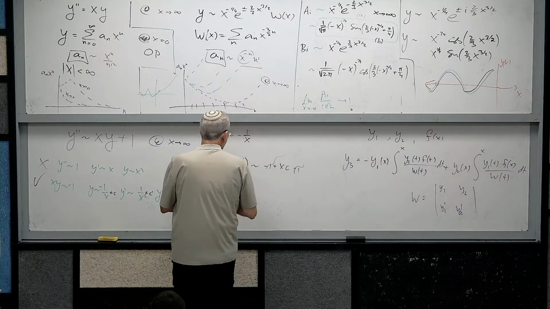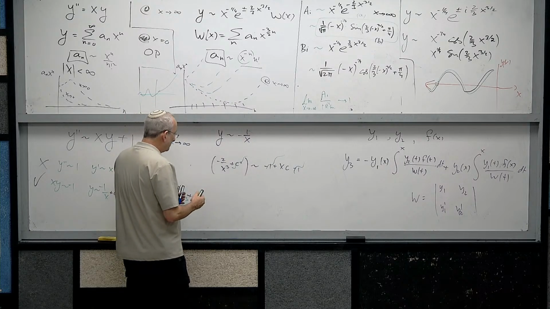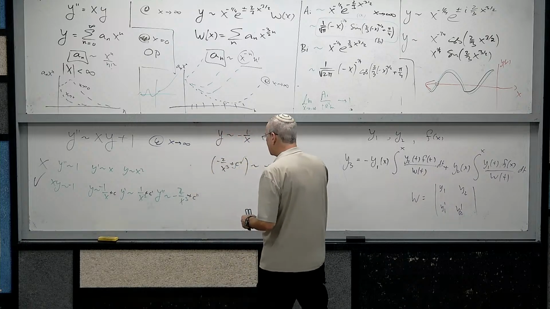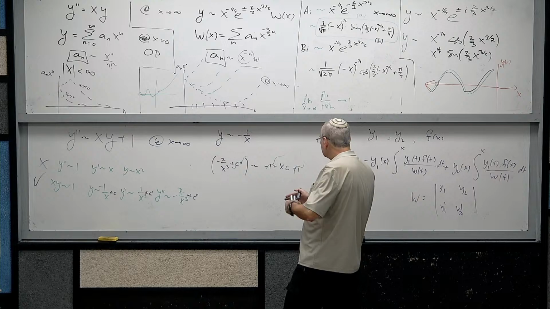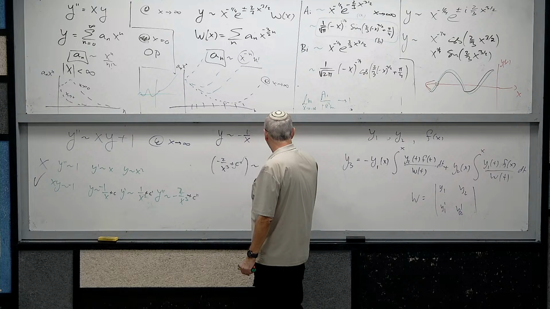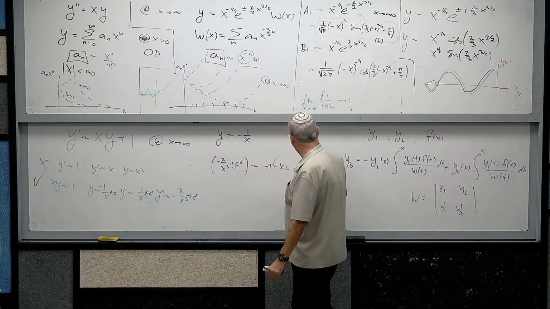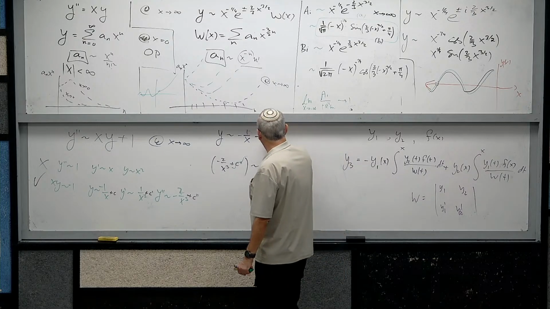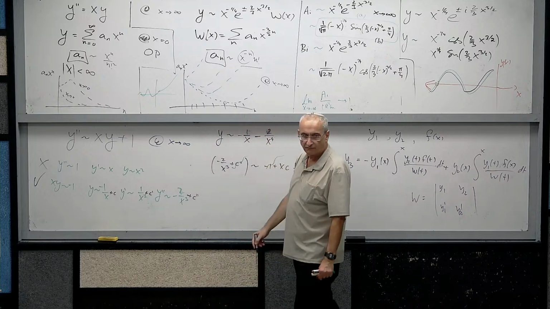So what I found out is that xc is, I don't like this sign, whatever. So c is minus 2 over x to the power 4. Right, so the next term will be minus 2 over x to the power 4.